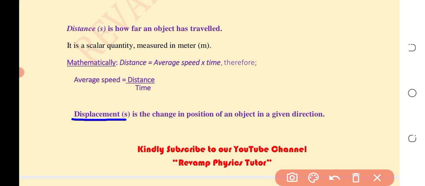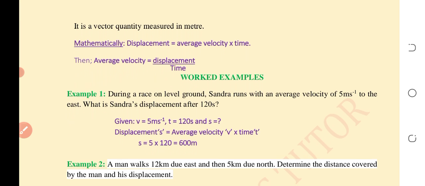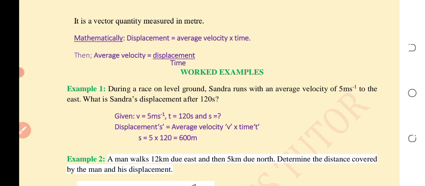We are going to lay more emphasis on this when we get to the calculations of distance and displacement. Also, mathematically, displacement can be described as average velocity multiplied by time. You can see that in the equation shown on the screen.